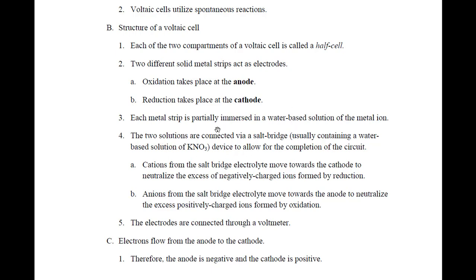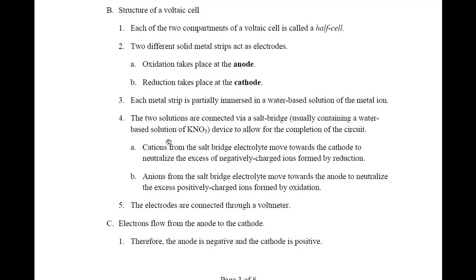So the two test tubes in which those ions exist are going to be connected by a salt bridge, which contains another ionic substance solution so that it can close the circuit by allowing cations from the salt bridge, in this case potassium, to move toward the cathode to neutralize excess negatively charged ions formed by reduction, and the anions from the salt bridge move toward the anode to neutralize the excess positively charged ions formed by the oxidation.